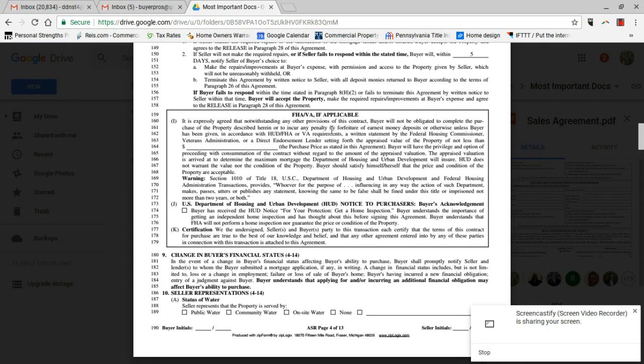If it's not, you can leave it blank. If you're going to get a loan, though, you want to do an appraisal contingency regardless. This is an appraisal contingency for FHA or VA loans. So if they're going that route, make sure this is filled out, and then this is your appraisal contingency for those loans. You don't have to do an extra addendum. If you're doing a conventional loan, you'll want to do an extra appraisal contingency addendum.